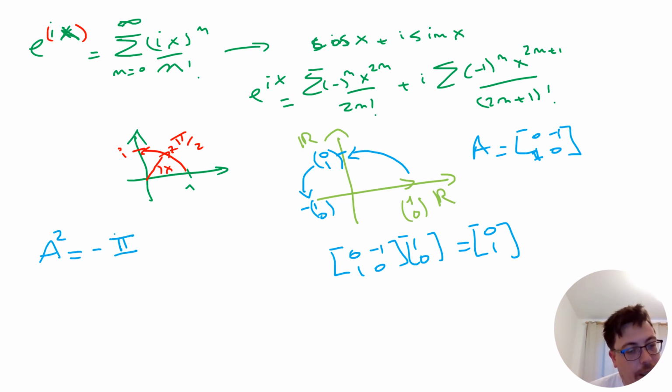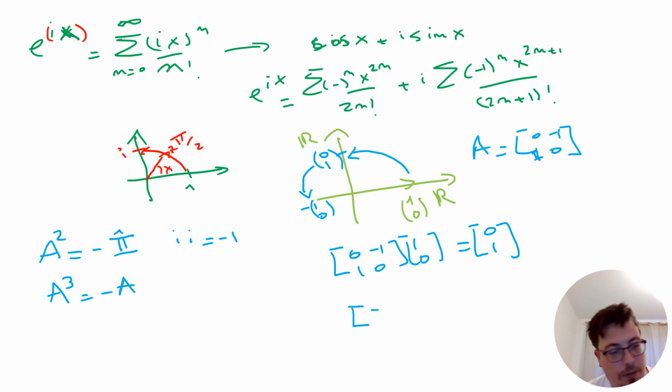Okay, very much like i times i is equal to minus 1. But also we get a cube. If we apply it another time, we get, in fact, minus A. In fact, if we multiply A by itself twice, we get minus the identity, which is minus 1 on the diagonal.